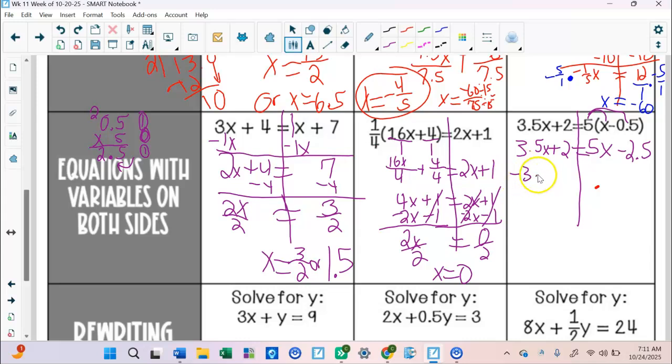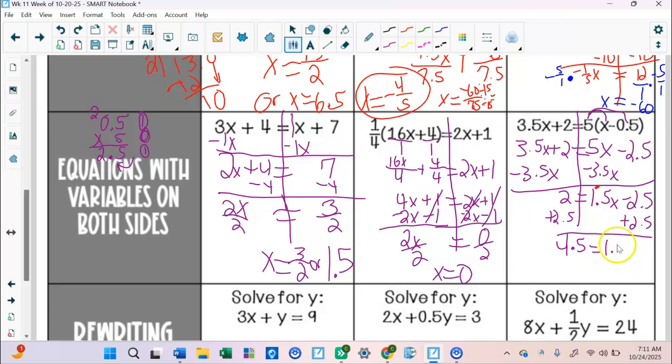Okay, so I'm going to subtract 3.5x. It's 4.5 divided by 1.5x. 15, 30, 45. X is 3.